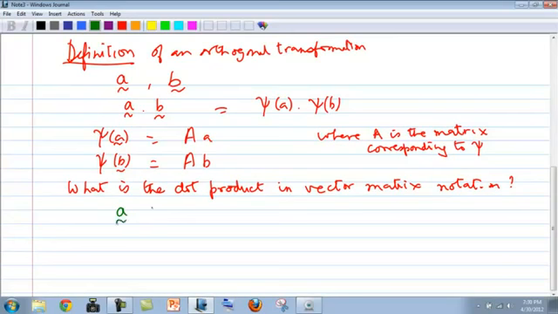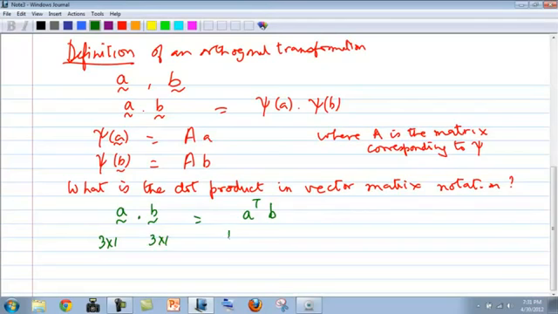We want to compute the dot product of two vectors A and B. And this is really the same as you take the transpose of the vector A and then you do a matrix vector multiplication with B. So suppose A was a 3 by 1 vector and B was a 3 by 1 vector.